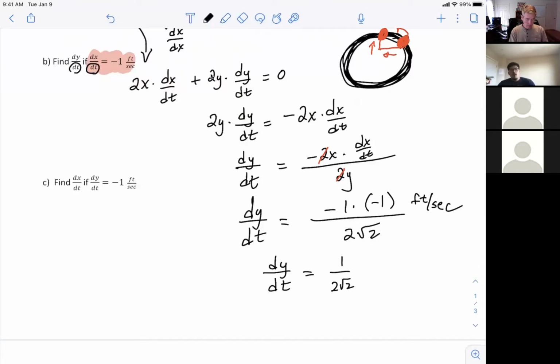So positive 1, oh no, my battery's dying, divided by 2 radical 2 is 0.354 feet per second.